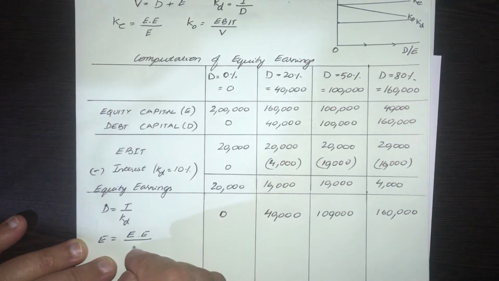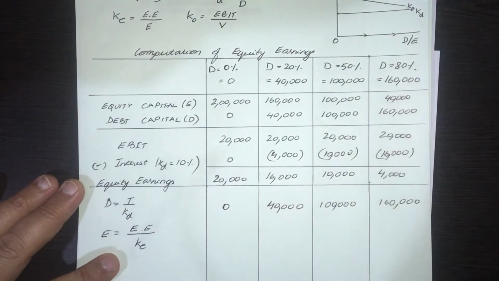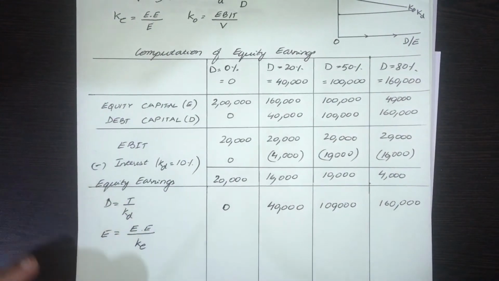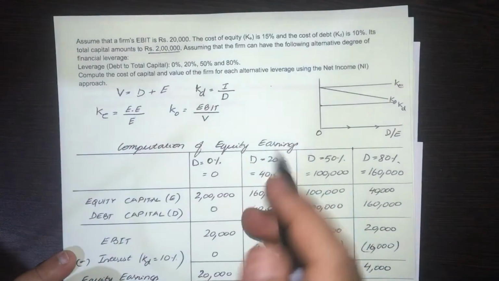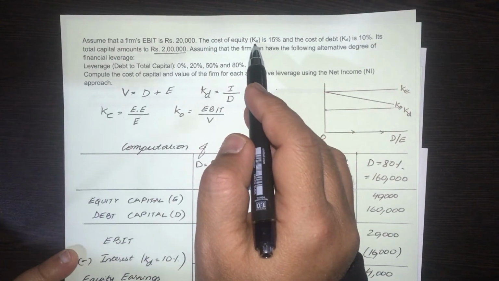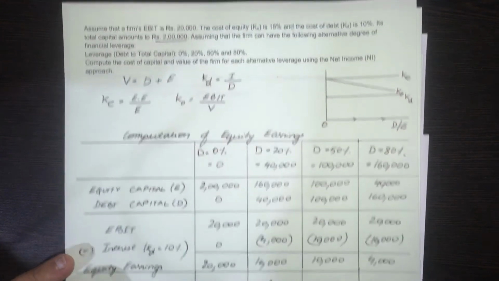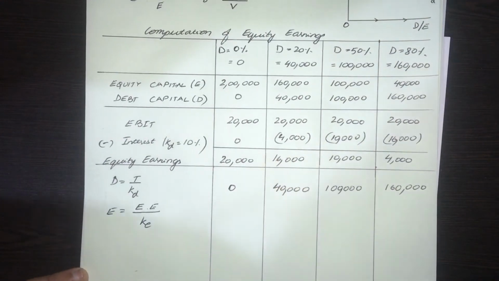All right. And market value of equity, E, is equal to equity earnings divided by KE. So what is the equity earnings here? Let us find out. In the first case, cost of equity is KE and equity earnings is 20,000.